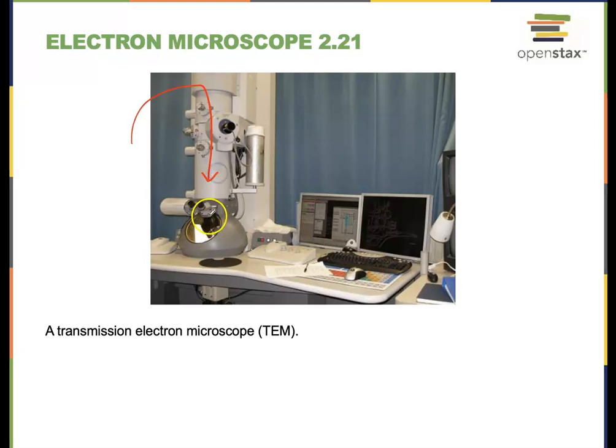Your sample would go in here, and the electrons would hit your sample and be reflected right off, and these electrons would be picked up by a computer. The equipment would pick up the pattern of the diffraction and reflection of the electrons, and then the image would come up on the screen. So you're not using your eyes at all.